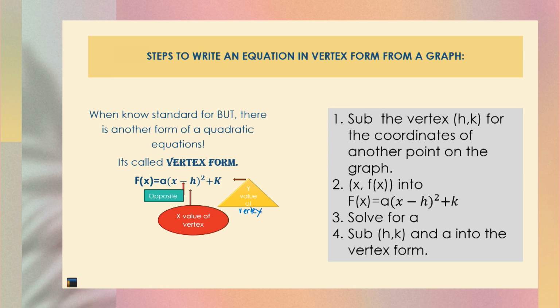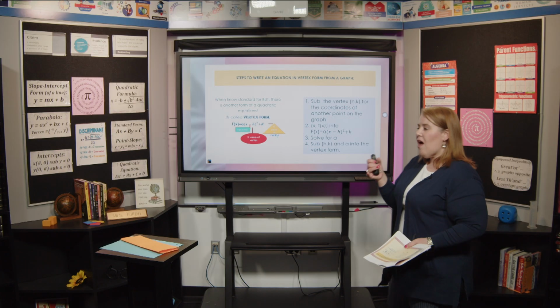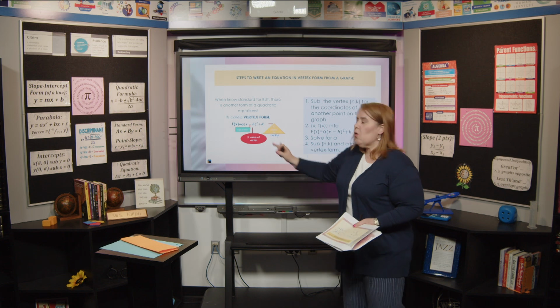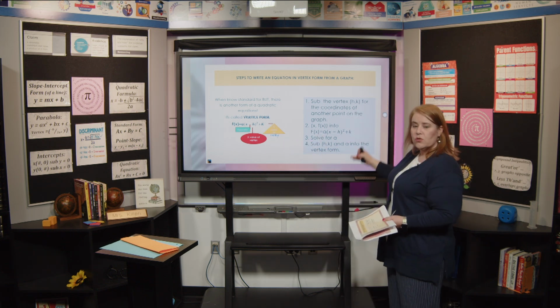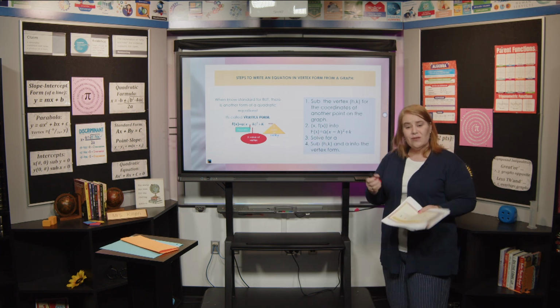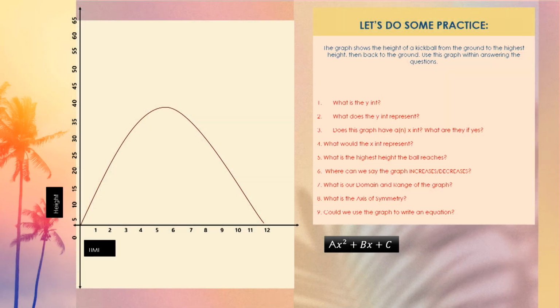I'm going to solve for my A, meaning I'm going to get A by itself. Then once I find those, I'm going to sub those values in and have that A in vertex form. So we have what the formula is. We have our 1, 2, 3, and 4 steps. Now let's use this and work some problems.